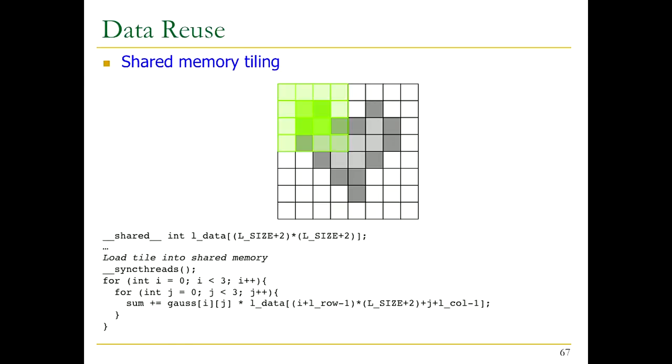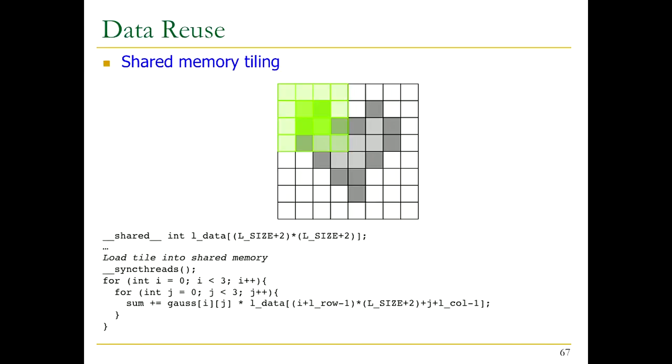For this, we need to declare our shared memory, and then we will have to load. We don't have the details of how to load, but essentially we will have our threads in our thread block go into the global memory, read each of these pixels and store them into this array. And then we will need to synchronize to make sure that all the reads and writes into shared memory have completed.